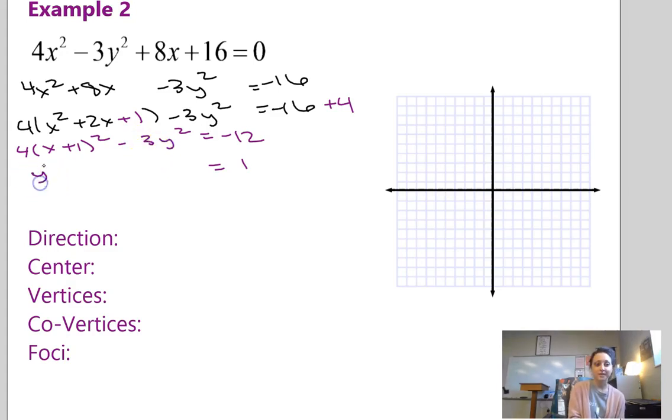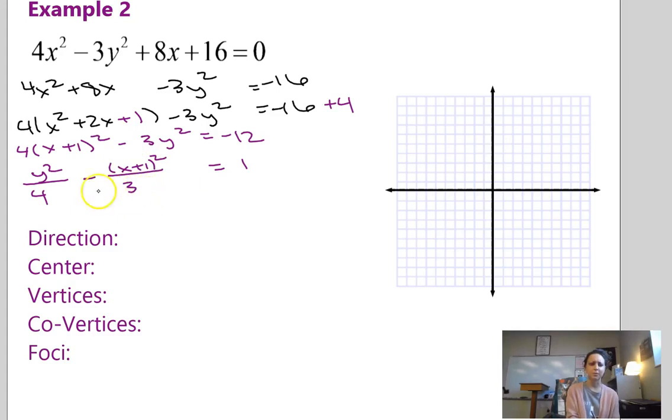So I'm actually going to put the y squared first, and 3 over 12 reduces to 1 over 4. Okay, now coming back to my x terms, if I divide this by negative 12, 4 over negative 12 reduces to negative 1 over 3, right? And I still have that x plus 1 squared in the numerator.